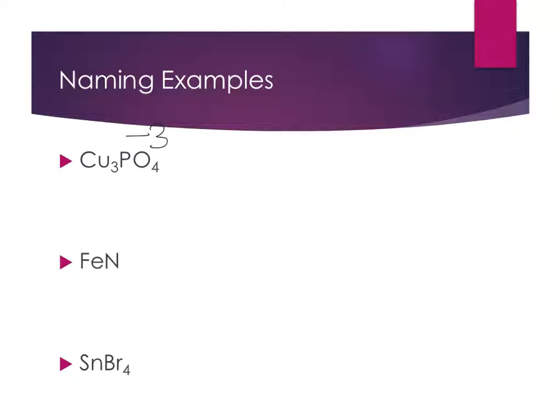The copper is +1 because we have 3 of those times +1, and when we add it to -3, that gives us 0. The PO4 is -3 by itself. So how would we write that? Well, we write copper, and then we write Roman numeral capital I, and then we just write phosphate.